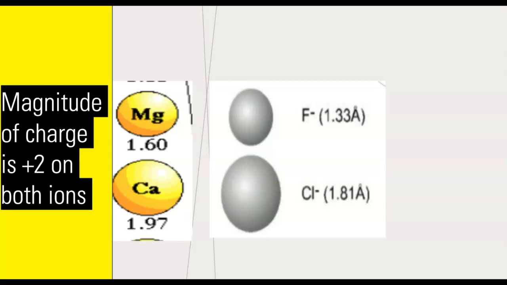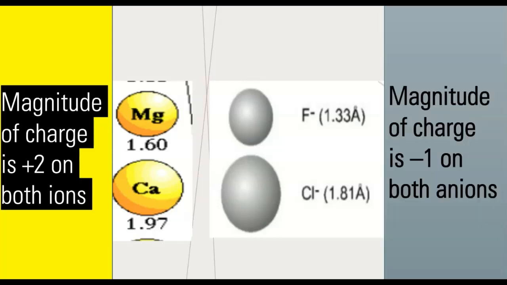First of all, see magnesium and calcium: the magnitude of charge is +2 on both ions. Similarly, the magnitude of charge in both anions, fluoride and chloride, is -1.